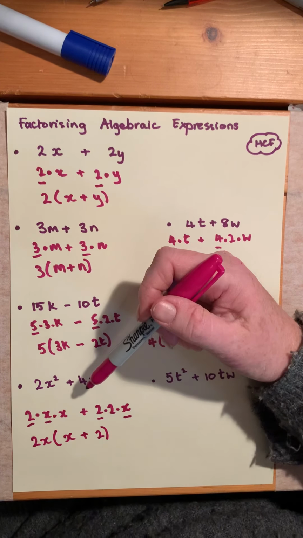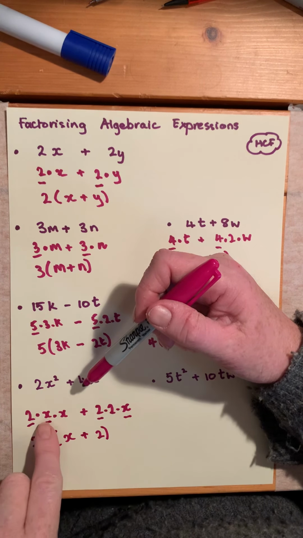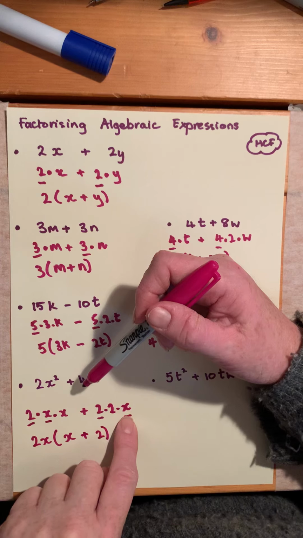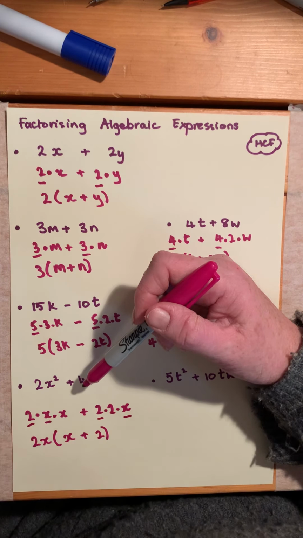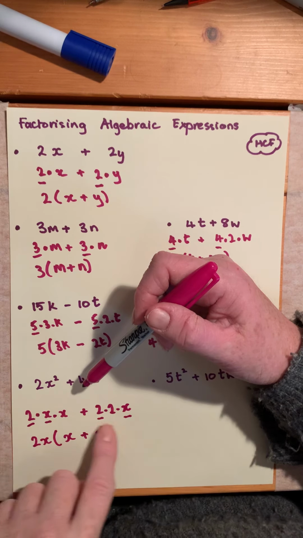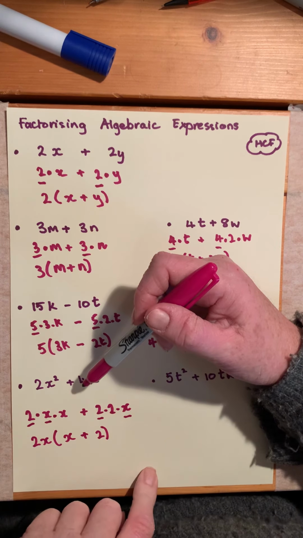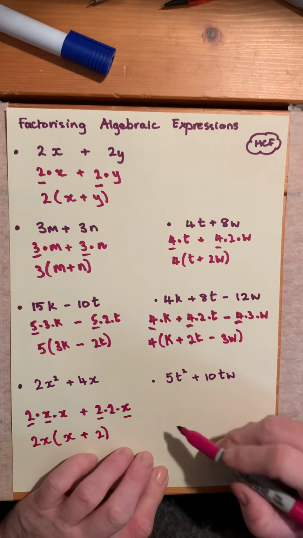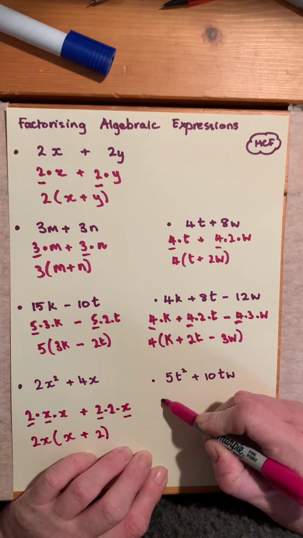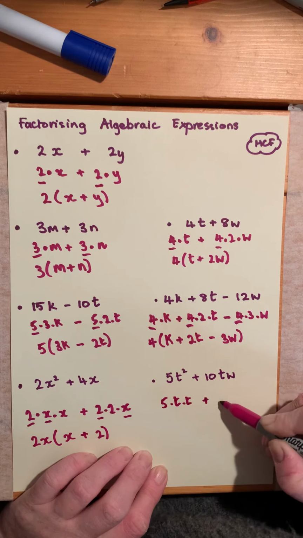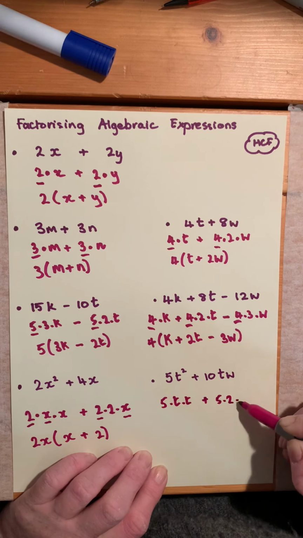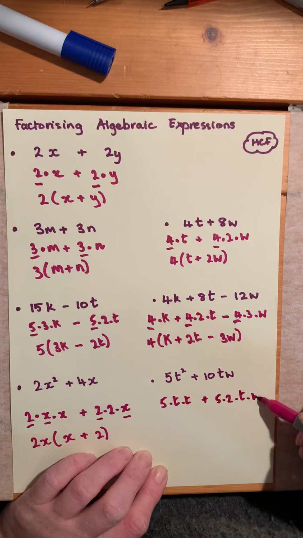Now, a common mistake here would be, you would think, right, I'm taking x's from both terms, and you would take both those x's. That is wrong. It is a common mistake. You take one x from there, you take one x from there. Okay? In this one, we've got 5 times t plus 5 times 2 times t times w.